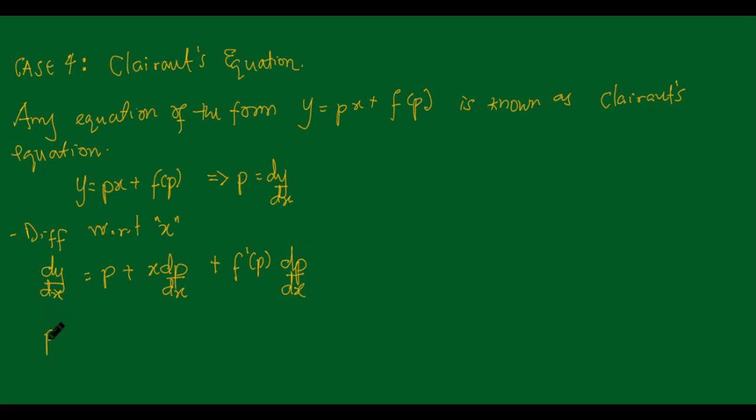So we now have p equal to p + x dp/dx plus the first derivative of the function multiplied by dp/dx. We can now eliminate p.